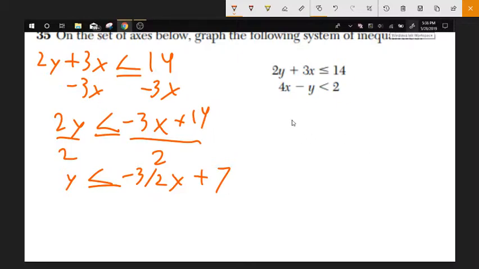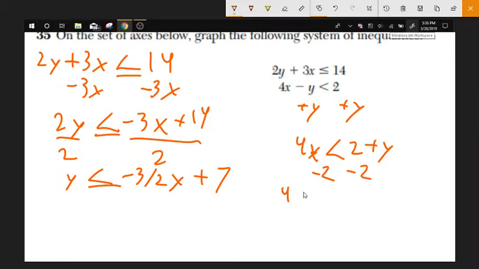And then for this one, let's start off with adding y to each side. And now we have 4x is less than 2 plus y, and then subtract 2 from each side. Now we have 4x minus 2 is less than y, and let's just flip these just so y is on the left side, just like this one.